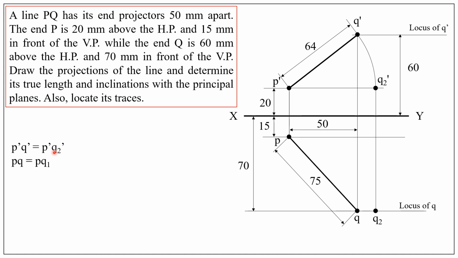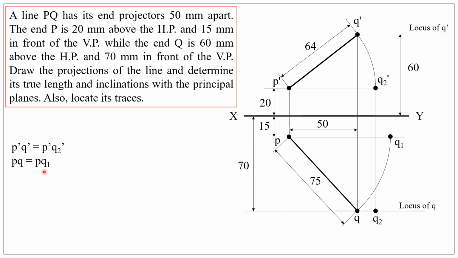The corresponding front view is P dash Q2 dash, whose length is equal to the front view length P dash Q dash. Similarly, in the top view the length PQ is equal to length PQ1. To locate the position of Q1, take PQ as radius and P as center, draw an arc until it cuts the horizontal through P and that point is Q1.